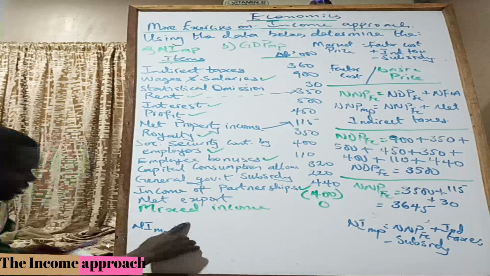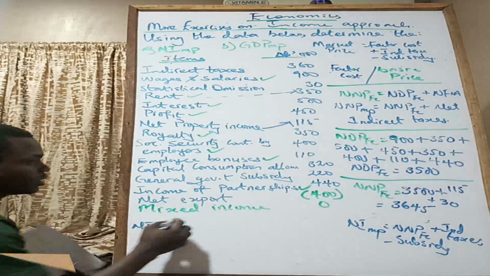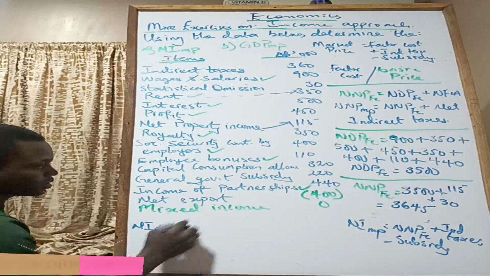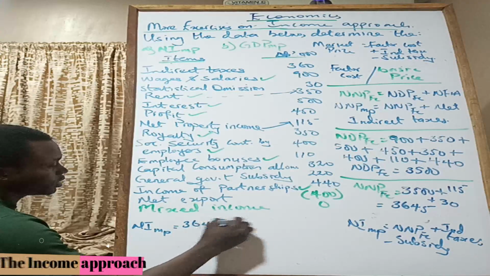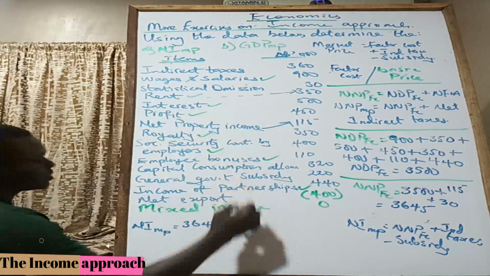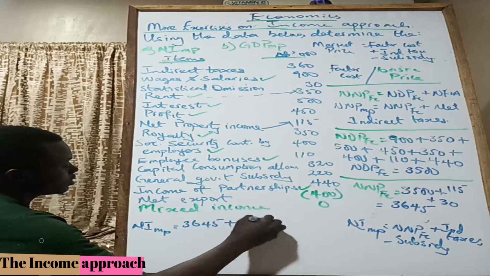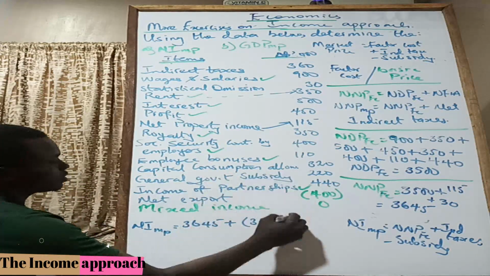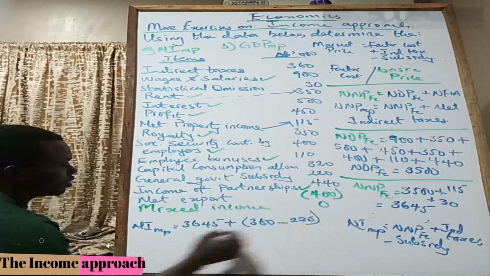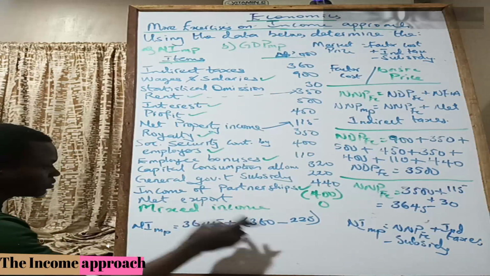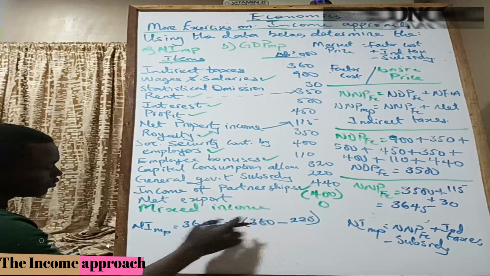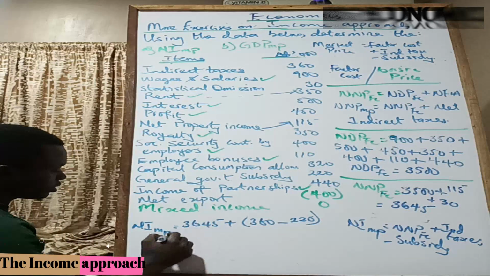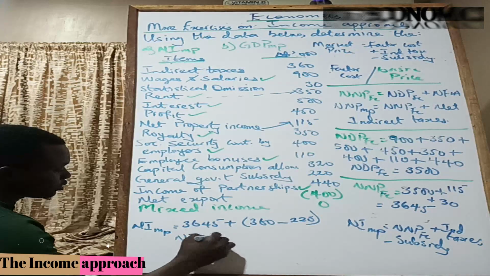So NI at market price is 3645 plus the indirect tax, which is 360, minus the general subsidy, which is 220. So we are going to have 140.